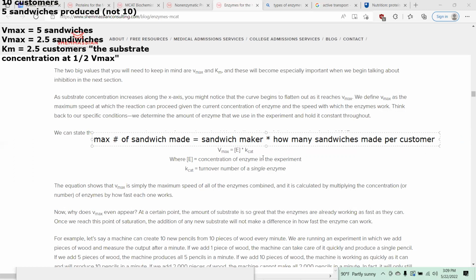And it makes sense. If a sandwich maker only makes one sandwich in one reaction, then if you have 5 enzymes, your Vmax would be 5. But if he's really good and can make 2 at a time, and he has 5, then your Vmax would be 10, right? So it looks crazy, but I hope it's not actually that crazy.